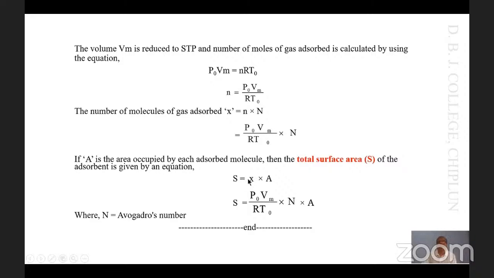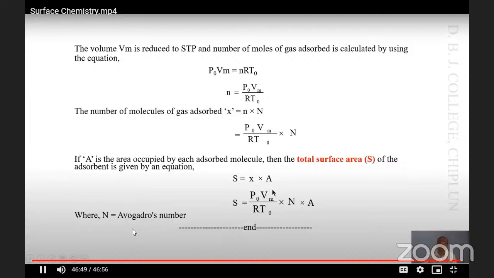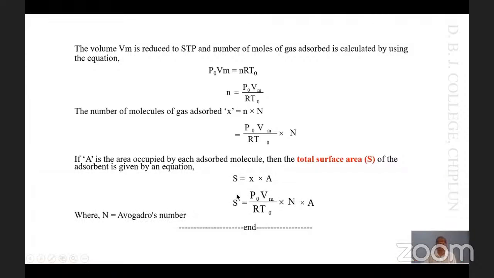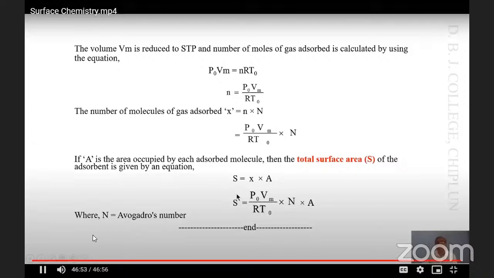Now let us substitute the value of X from the above equation. So you will get the equation in this form: S is equal to P0 Vm upon R T0 multiplied by N into A. Here S is the surface area of the adsorbent. By using this equation, you can calculate the surface area of any adsorbent.